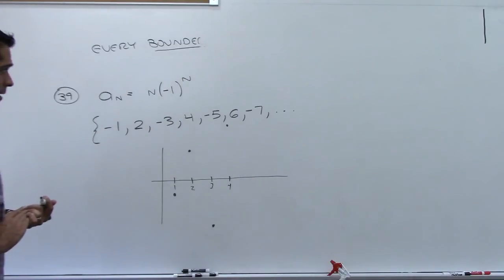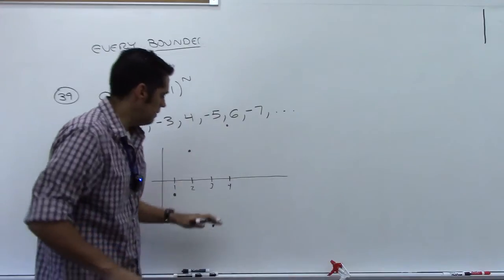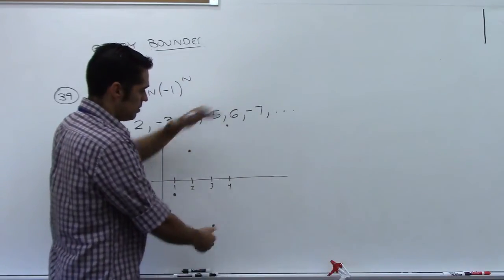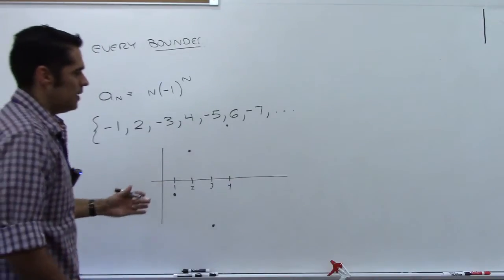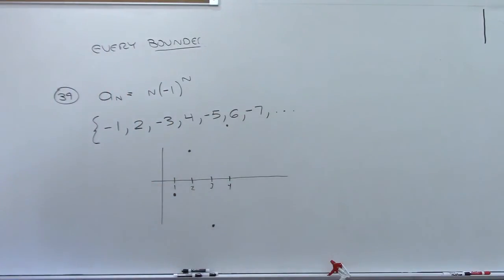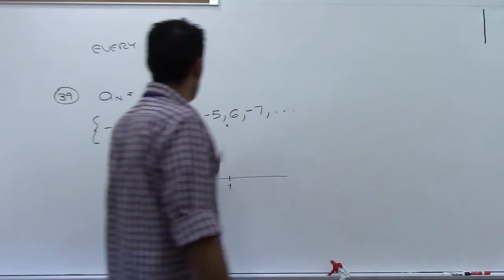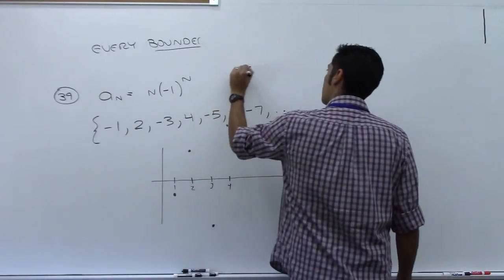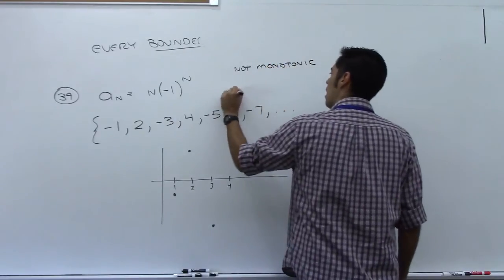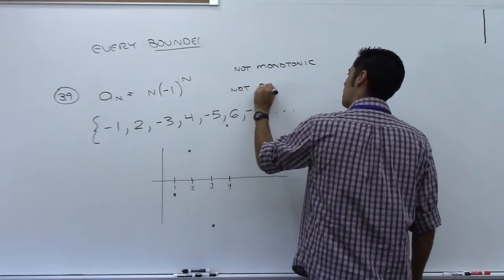There's no number that I can pick that will be a ceiling or a floor for this, that our sequence will always be between. I can't say infinity. Infinity is not a number. It has to be a number that it's fixed between. So just by inspection, this is not monotonic, and this is not bounded.